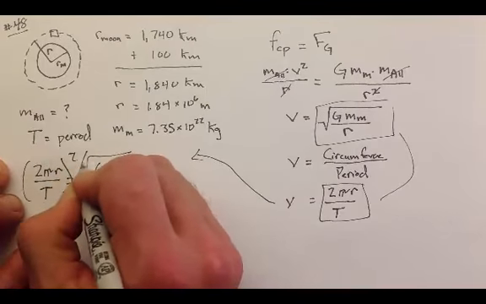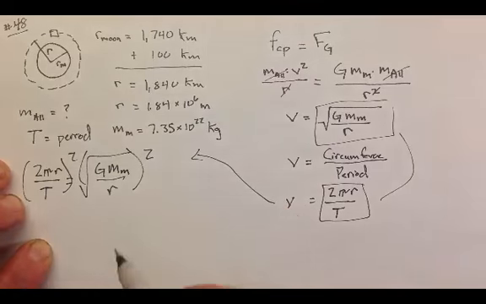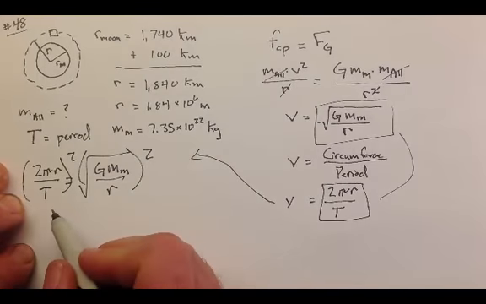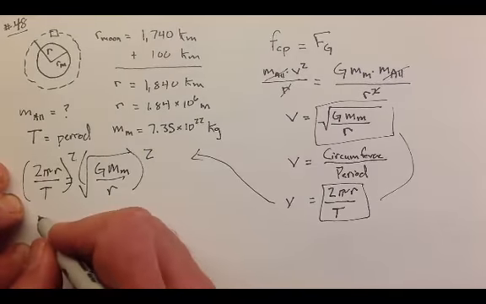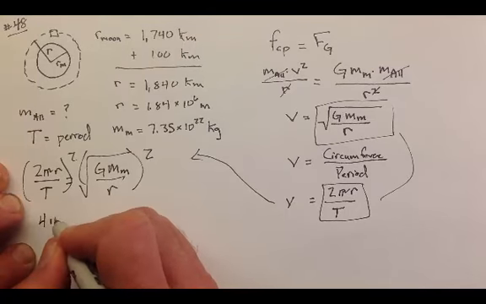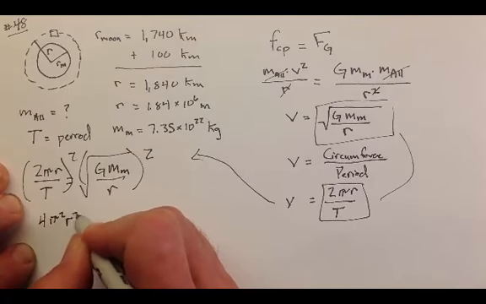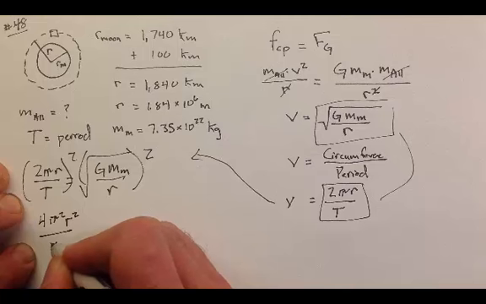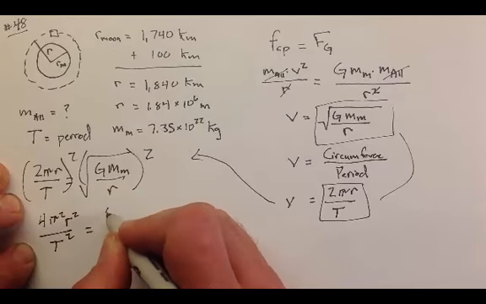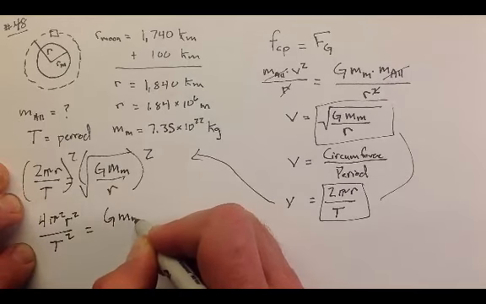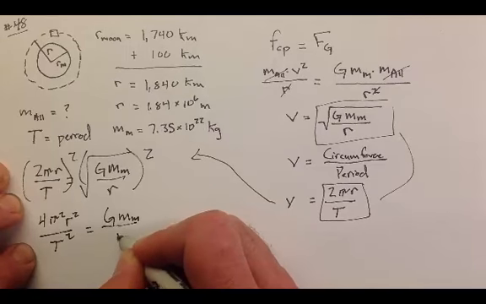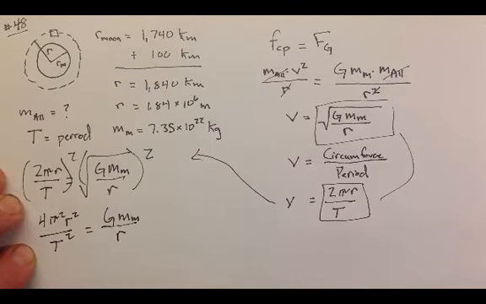Why square both sides? Because I want to solve this expression for big T. So I get 4 pi squared r squared divided by T squared is equal to big G times mass of the moon divided by r, and no squareds there because by squaring I just got rid of the square root.